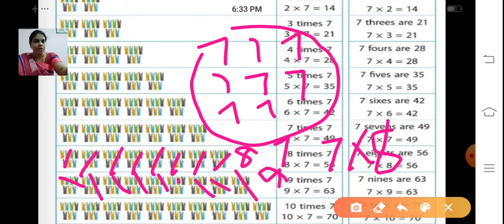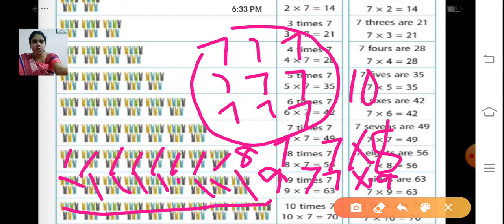Here we have 9 groups. In each group we have 7. So 9 times we are going to add 7. 7 nines are 63. Then the last one. Here we have 10 groups. So 7 tens are 70.